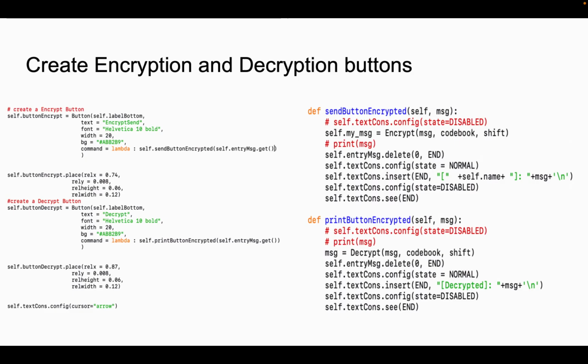That's what the delete zero to end does, and the same for the decrypt button, in which we also use a lambda function associated with the print button encrypted function, which essentially serves the same purpose as the send button encrypted method.